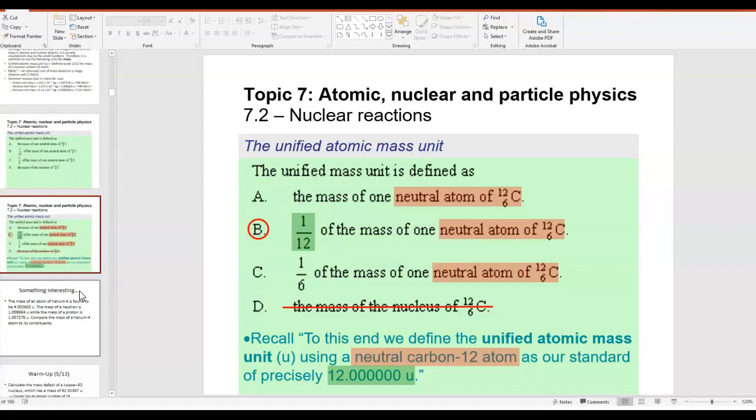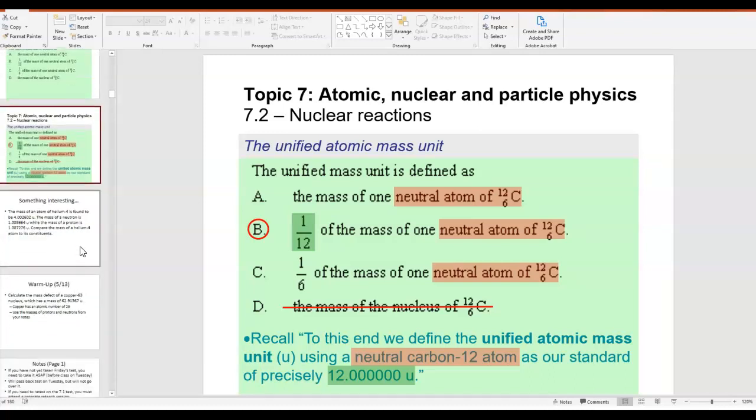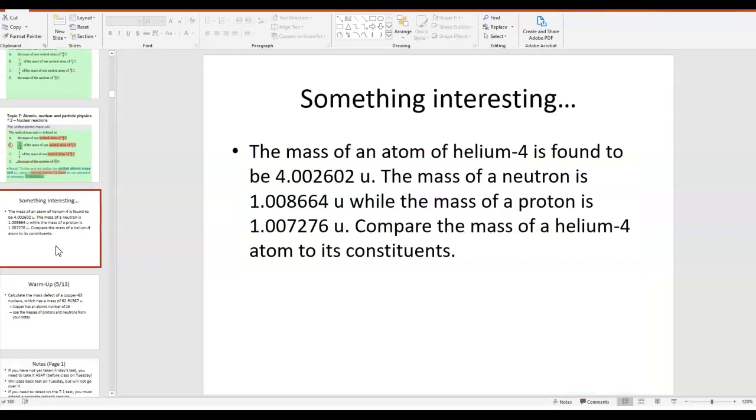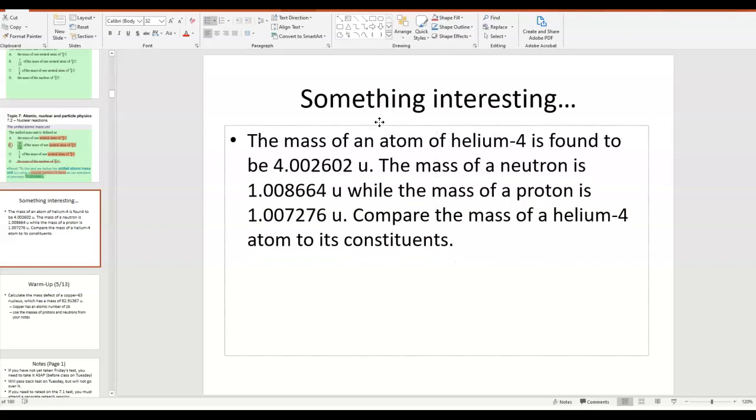Now we are going to leave off with just one more thought, and we'll talk more about this in the next video. So I just want to leave you with this thought here. A helium-4 nucleus has 2 protons and 2 neutrons.